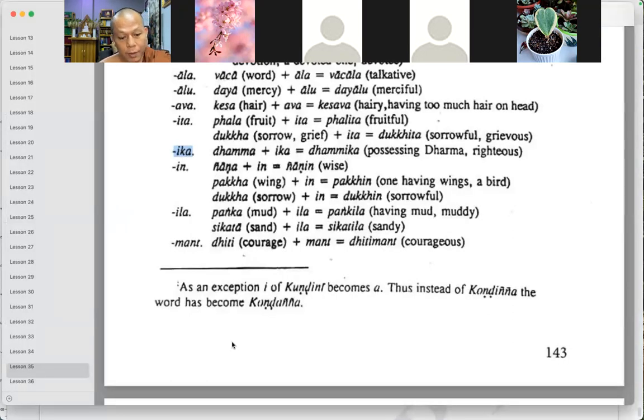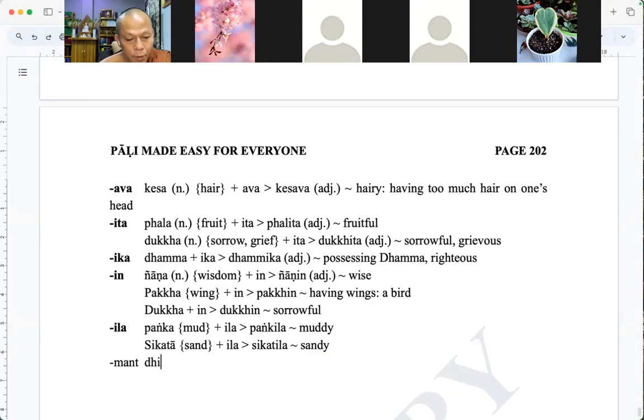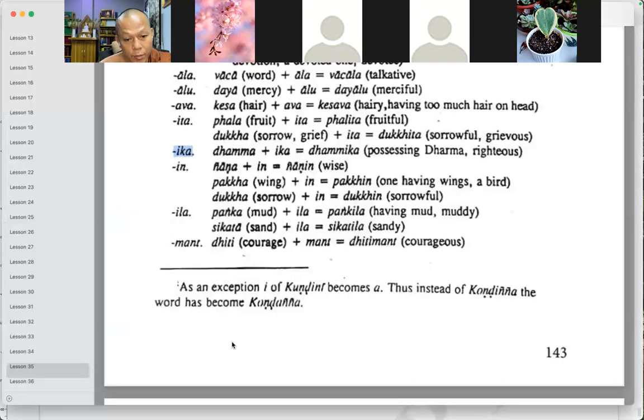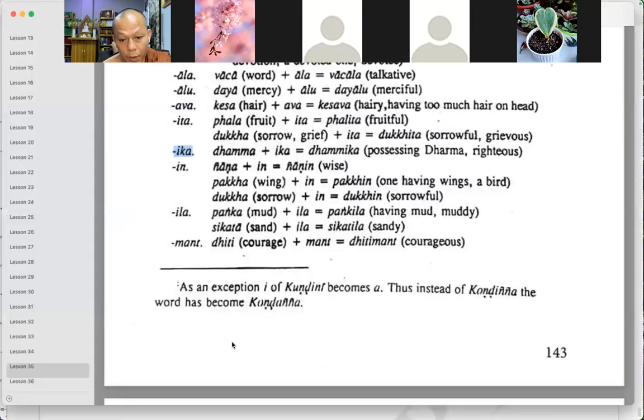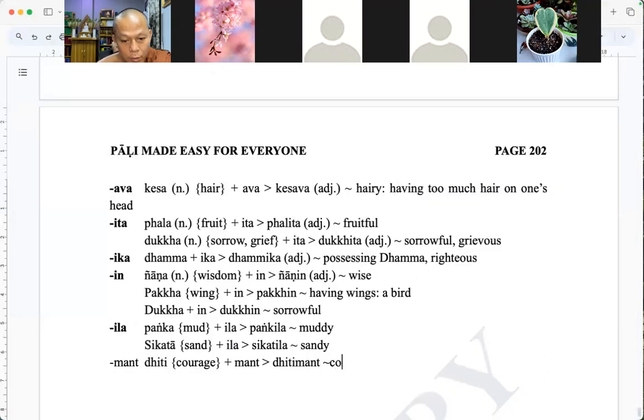So dhiti, the meaning of dhiti is courage. After that, the meant. So we have dhitimant, courageous.